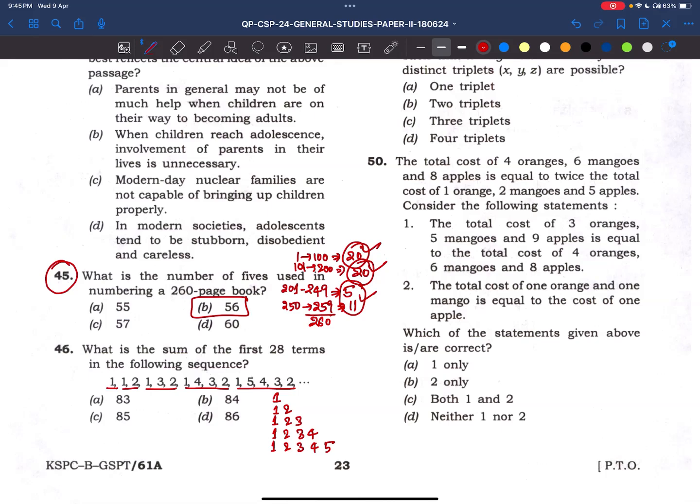Right? How many numbers till here? 1, these are 2 numbers. 1, 2, 3, so 3 plus 3, 6. 6 plus 4, 10. 10 plus 5, 15.